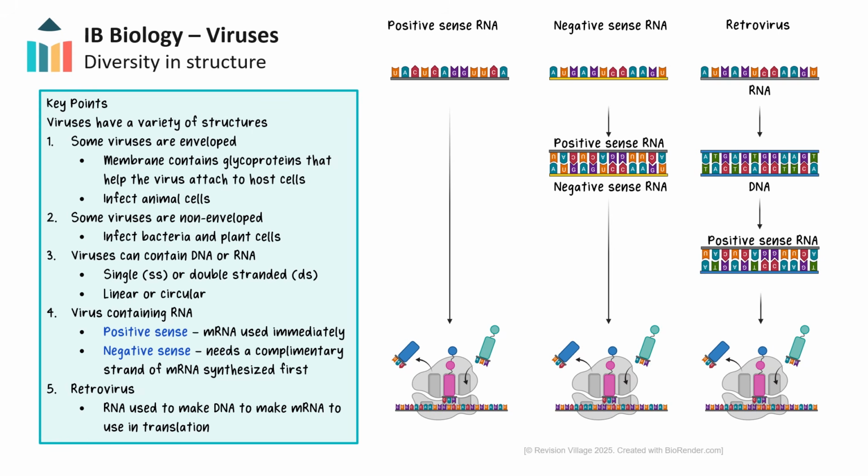Or the virus might have negative sense RNA, which is complementary to viral mRNA and must be first complementary base paired by RNA polymerase to form positive sense RNA before it can be translated at a ribosome. Or, in the case of a retrovirus, the viral RNA is used to make double-stranded DNA, then uses the negative sense strand of the DNA to make a positive sense strand of RNA that can be used in translation.